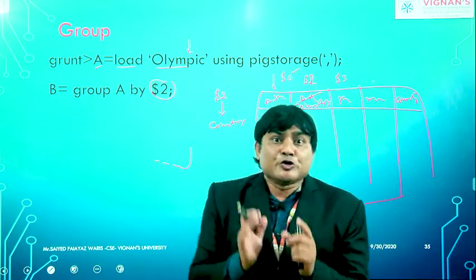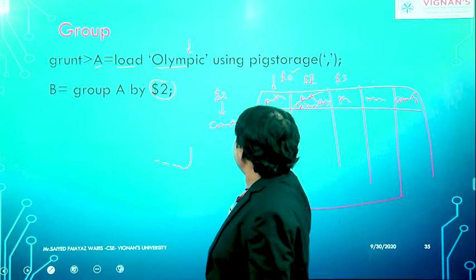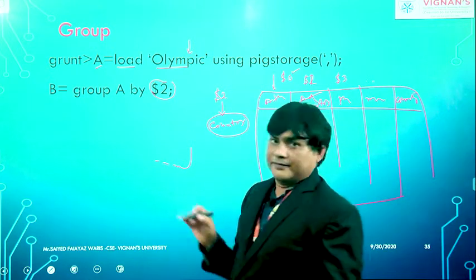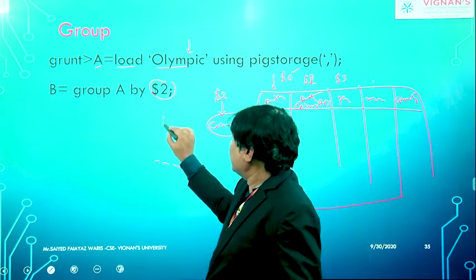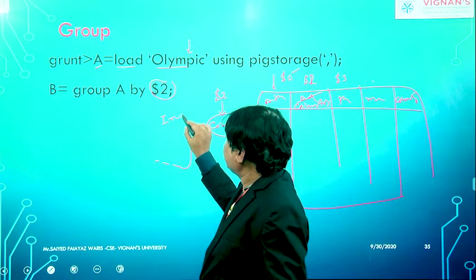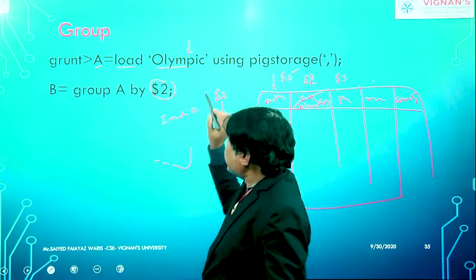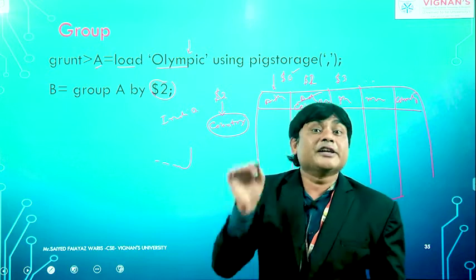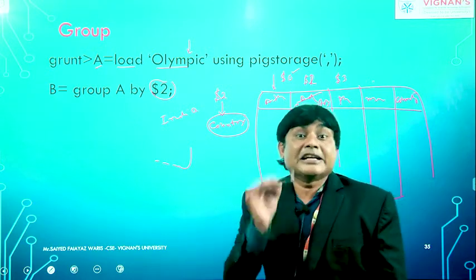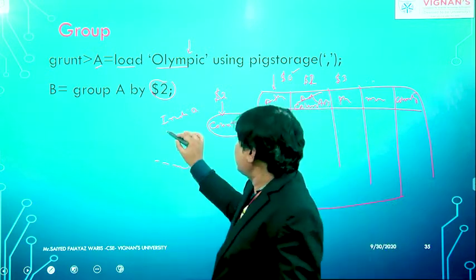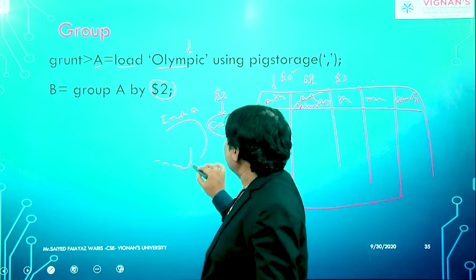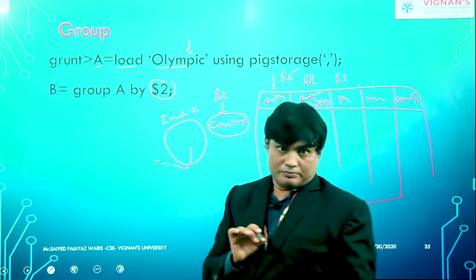Now, I want to group the athletes based on the country. For the country India, the information and data related to the Indian athletes must be in the India group.